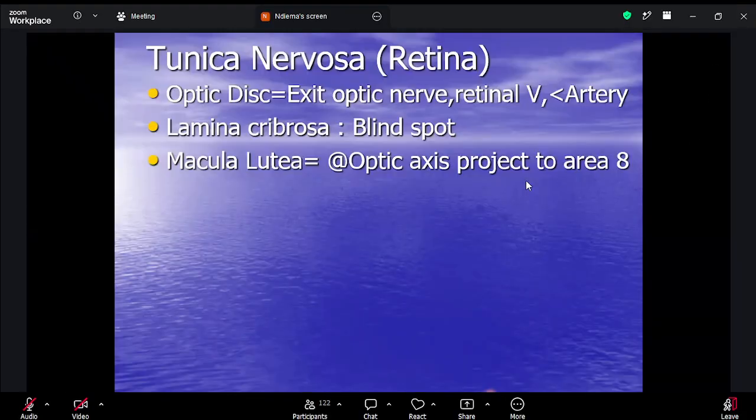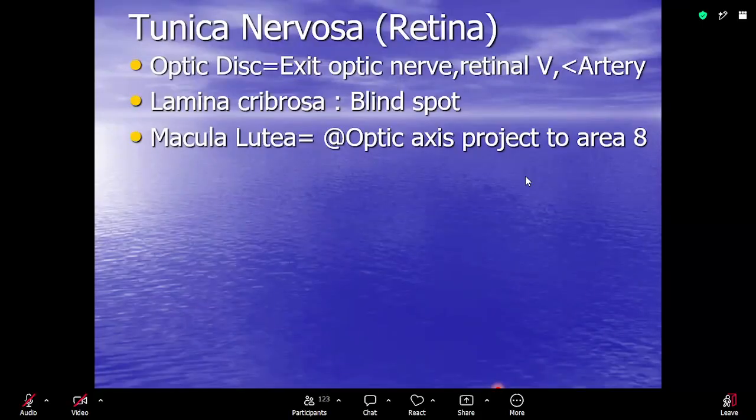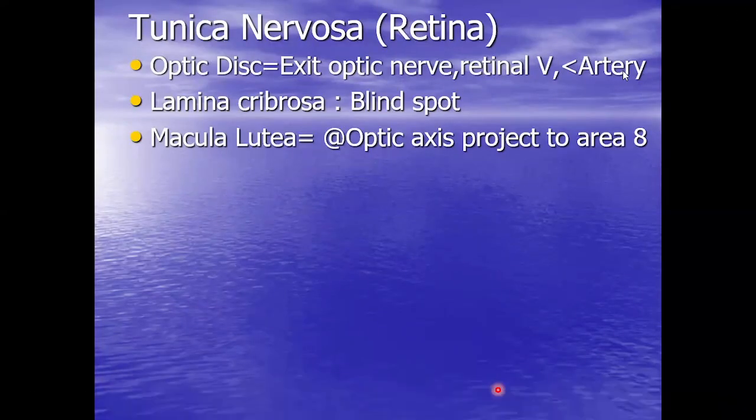The macula lutea is the area where we have concentration of light. It is within the optic axis, and at the center of the macula lutea is where we have the fovea centralis, and fovea centralis contains only cones. So it is an area where you have visual acuity, that is clarity of the image.